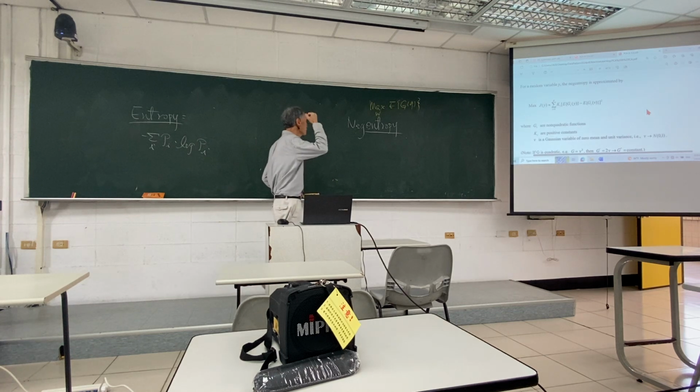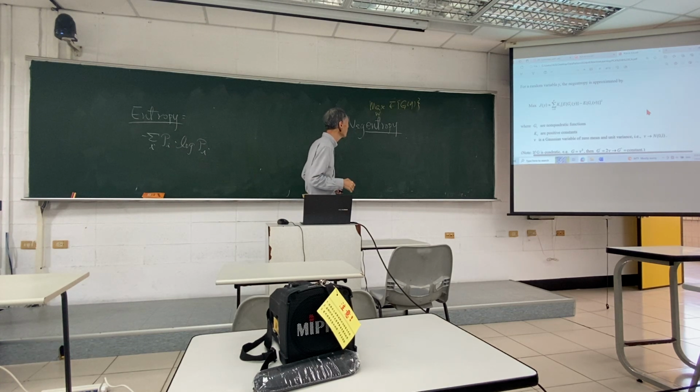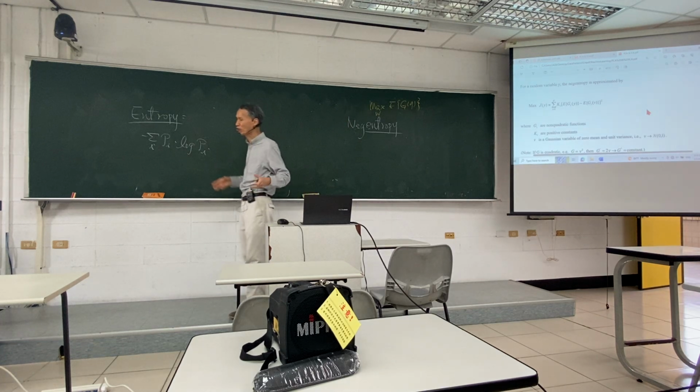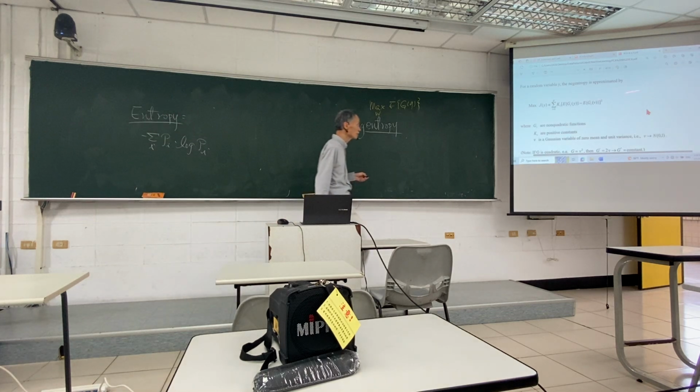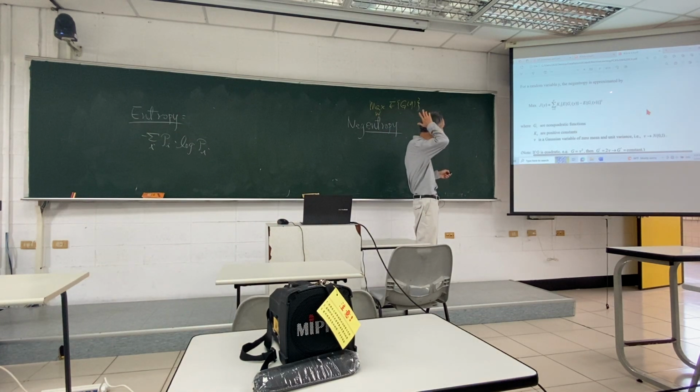Okay, let's go back to the negentropy. We use negentropy to measure non-Gaussianity, because if we follow the Gaussian distribution, then this is nothing but a constant term.